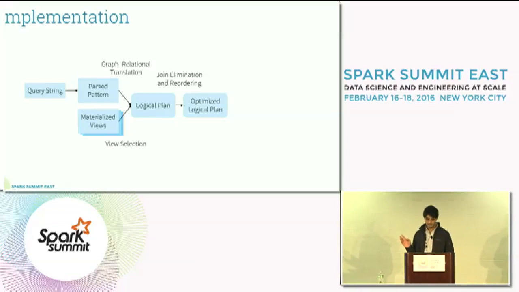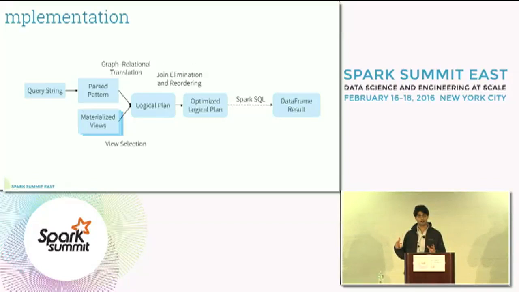Next is to apply these custom, slightly graph-specific optimizations to the plan. So there's join elimination. It turns out that duplicate joins are a common problem when generating these kinds of plans, and also join reordering, because the ordering of a join makes a huge impact on the runtime. And then finally, we pass it to Spark SQL to finish optimizing and to run it. So this is the pipeline for graph pattern queries.